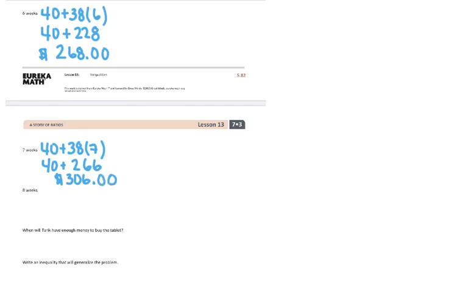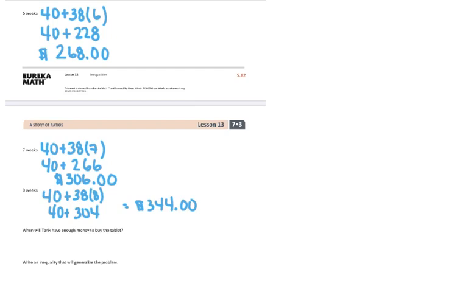So that's more than my $265.49. What about after 8 weeks? So now I have 40 plus 38 times 8. So 38 times 8 is 304. And so that equals $344. After 8 weeks, that's how much I have saved.